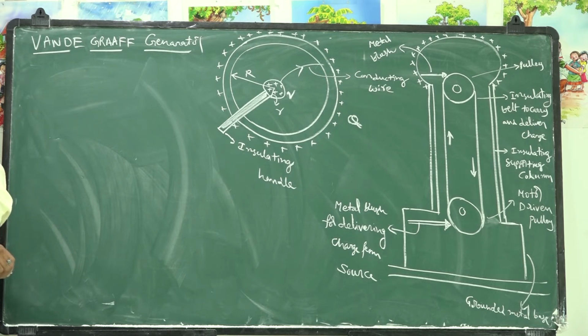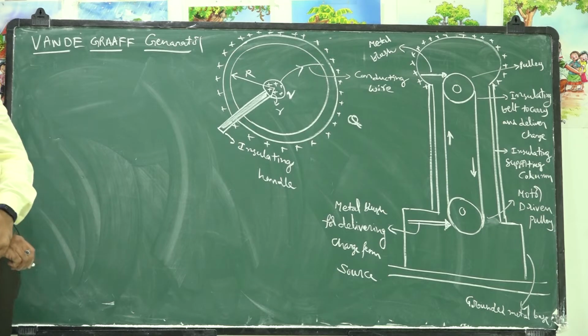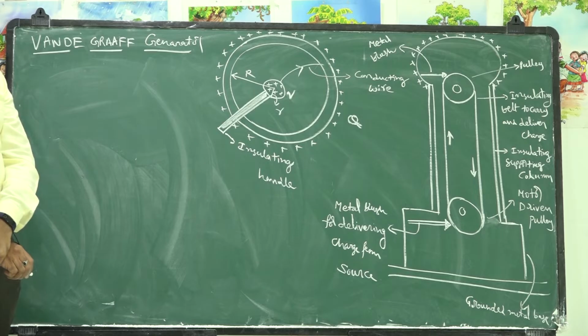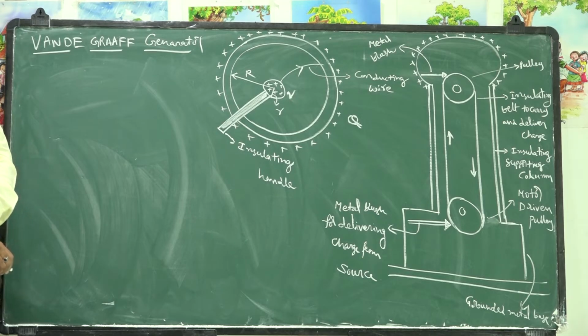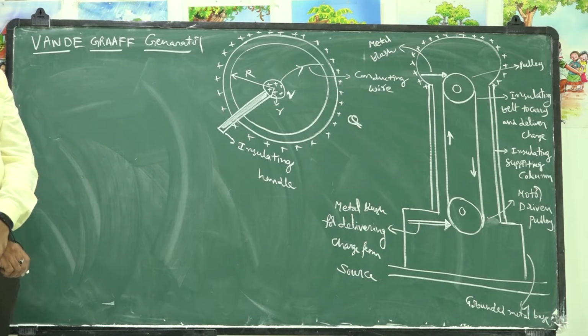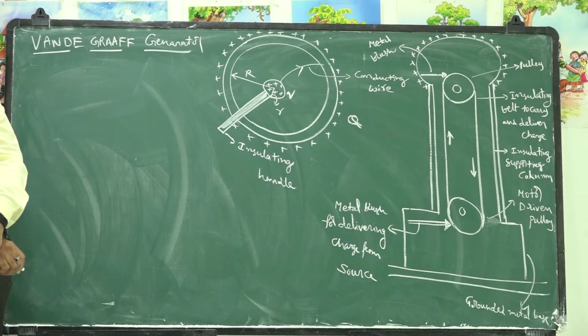Generally, whenever we want to study about subatomic particles, whenever we want to study about some nuclear physics concepts, we require certain charged particles or ions to be accelerated. For example, in certain experiments, we require fast moving protons, fast moving electrons, fast moving ions.